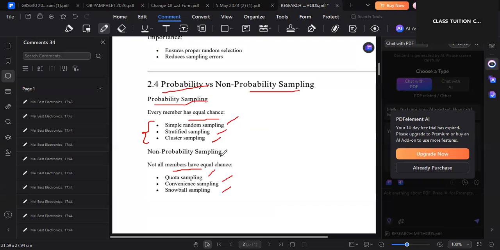So if I may ask, what is involved in stratified sampling?